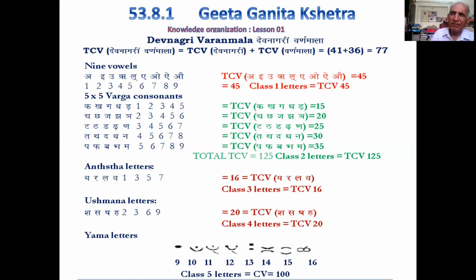Now, the placements of these 5 consonants of first row are as the first letter of the first row, second letter of the first row, third letter of the first row, fourth letter of the first row, and fifth letter of the first row. This sequential placement associates values 1 to 5 with them in the sequence and order of their placements.